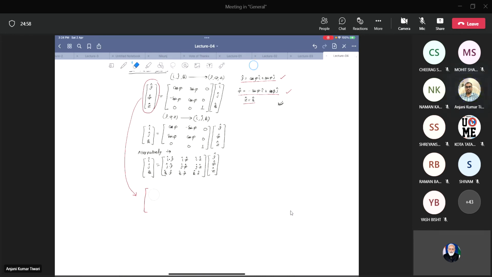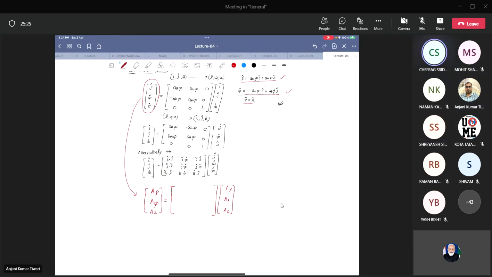So you have a rho, a phi, az, and it will transform the same way as ax, ay, az. What is ax, ay, az? Anyone?